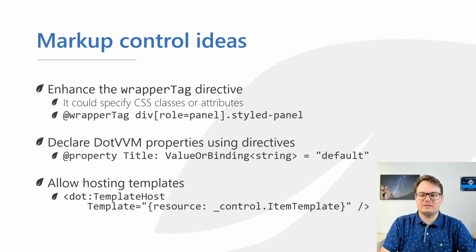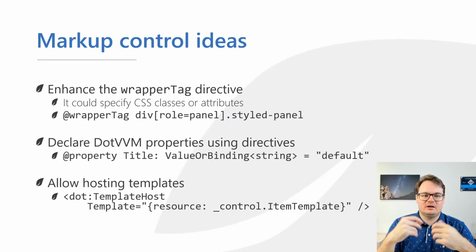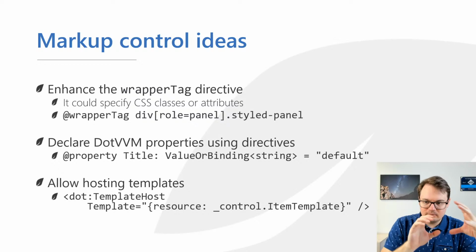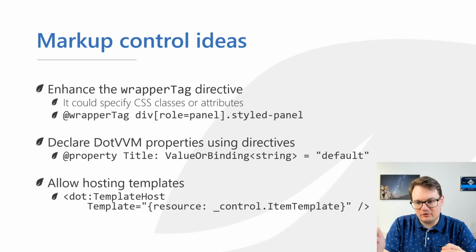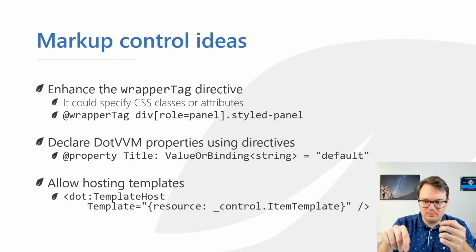So we have some ideas how to make markup controls easier and more convenient. There are a couple of things we can do, so you don't need to create the code behind class together with the markup control. Because if you are just reusing a piece of markup, you can just have the dot dotcontrol file, and you don't need to have the C# code behind class attached to it with the base type directive.